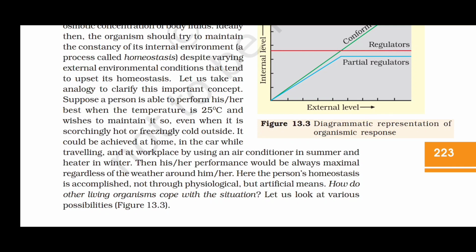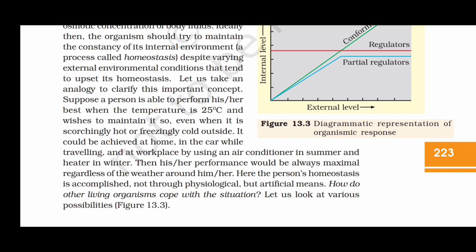It could be achieved at home, in the car, while traveling, and at the workplace by using an air conditioner in summer and a heater in winter. Then his or her performance would always be maximal, regardless of the weather around him or her. Here, the person's homeostasis is accomplished not through physiological but artificial means.